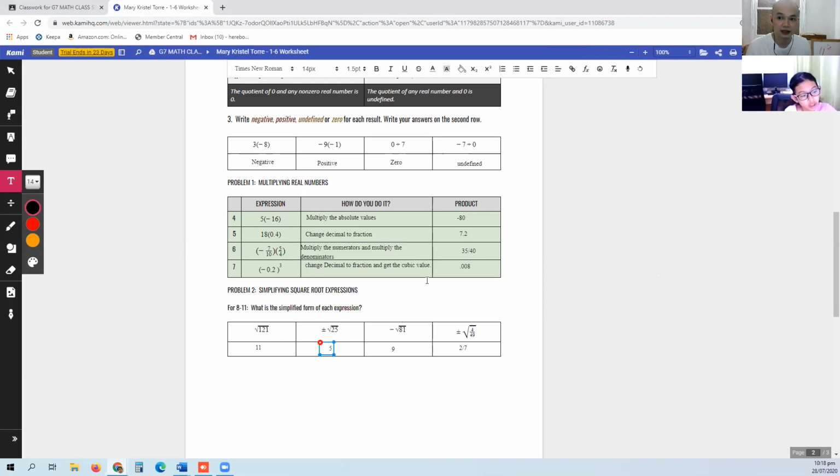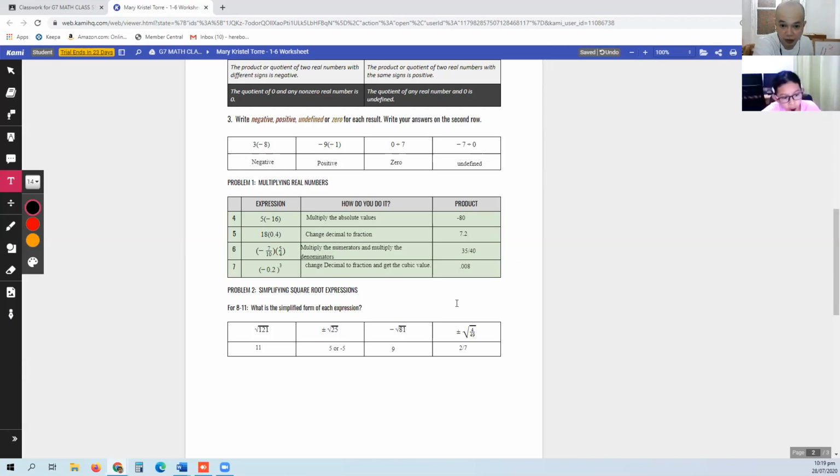Okay, Crystal? Write 5 or, can you write or? Yes. No, don't put slash, just write or negative 5. Because you have two answers there, positive and negative, okay? The same is true with the square root of 4 over 49.